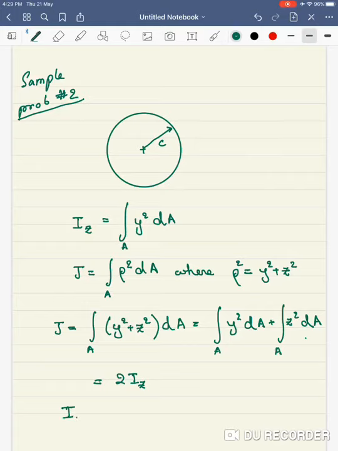So from here, we don't have to calculate, we have already calculated. C was the outer radius. Maybe, to keep it consistent with that example that I showed you, I'll make it capital R. So this is now pi R to the power 4 by 4.